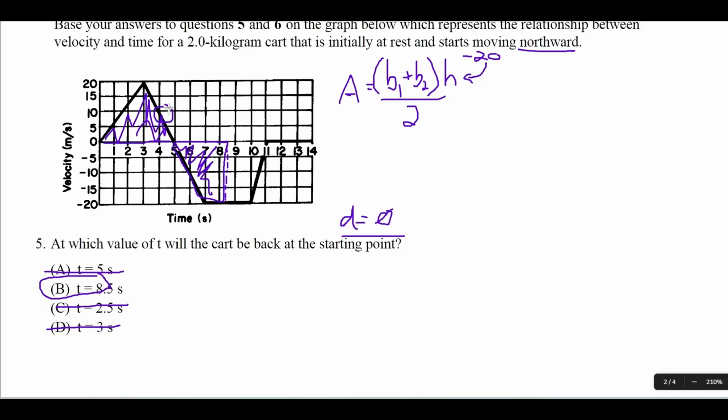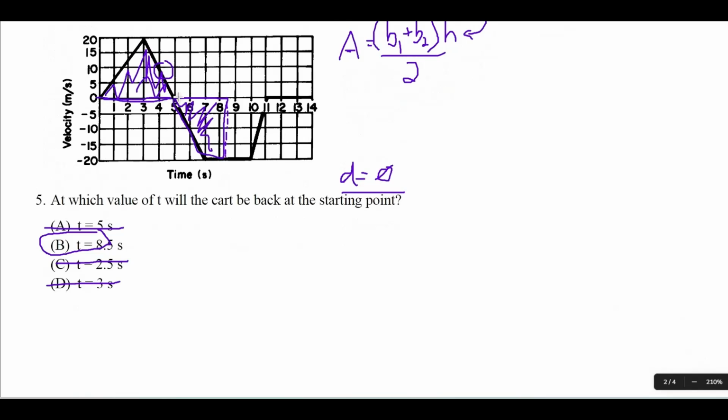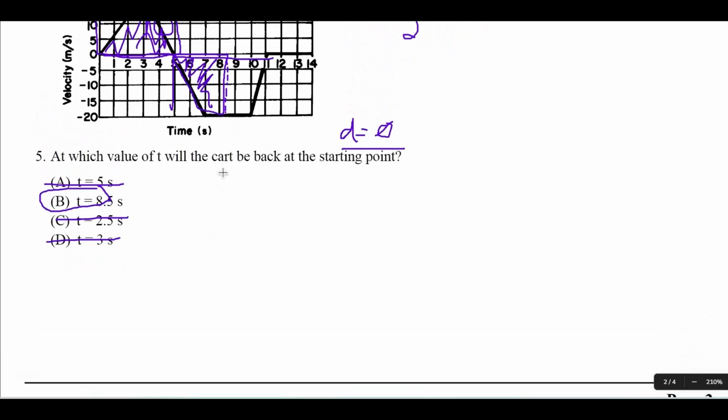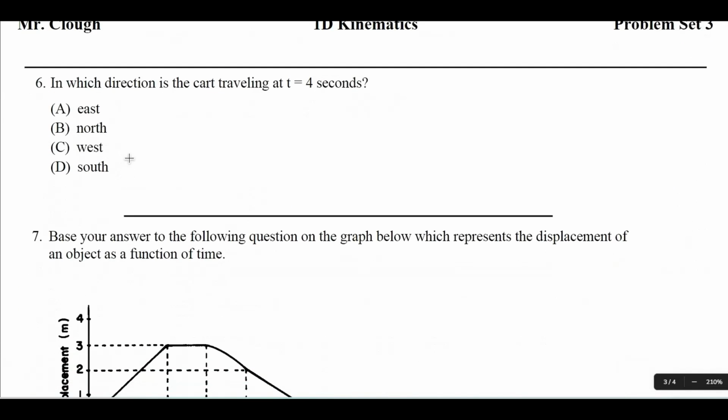It just happens to be slowing down by this moment. It doesn't switch directions until after 5 seconds, when the velocity graph goes under the line and becomes negative. So this entire section right here, it is moving north, and it's only this section where it ends up moving south. So the direction is still north.